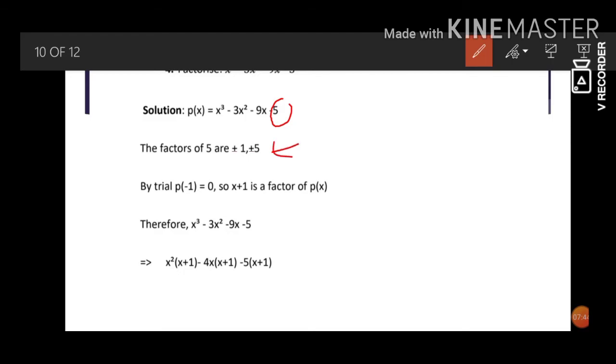By trial we can see that for the value of x equal to minus 1, we get the whole polynomial as 0. So x plus 1 is a factor of p(x). So we can write the given polynomial as x square into x plus 1 minus 4x into x plus 1 minus 5 into x plus 1.